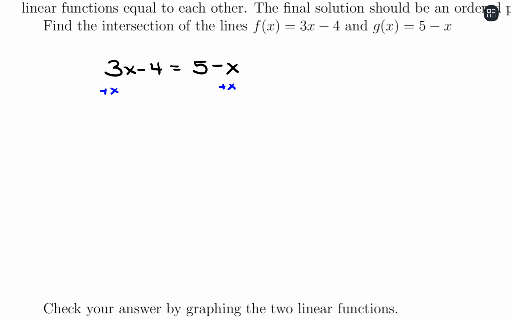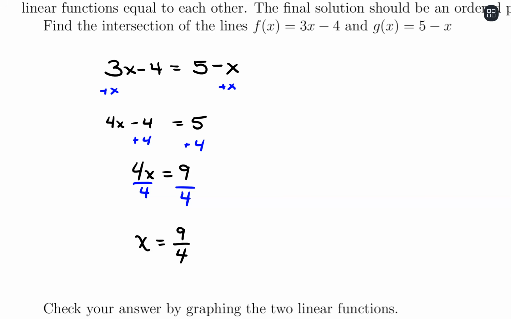So I have 4x minus 4 equals 5. Add 4 to both sides. So 4x equals 9. Divide both sides by 4. So x is equal to 9/4.